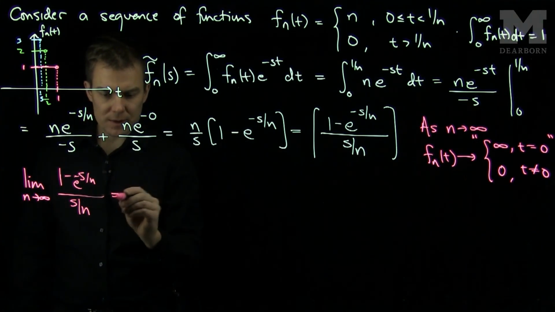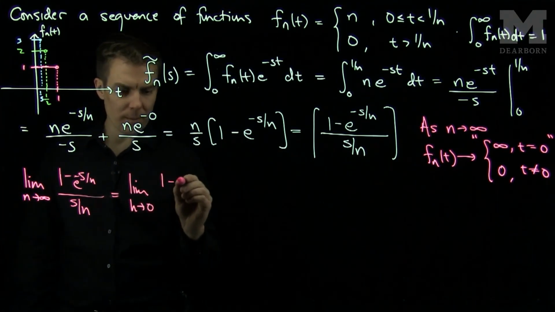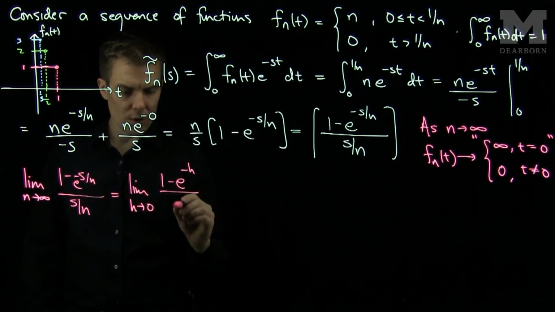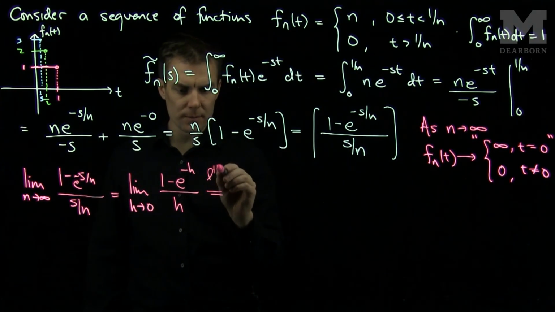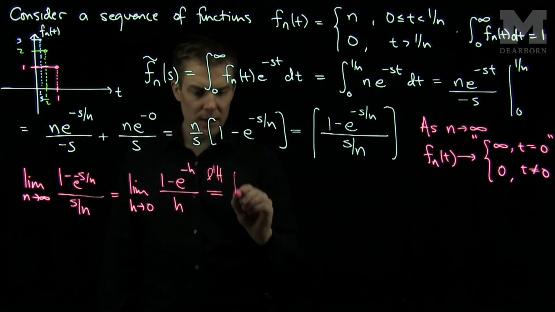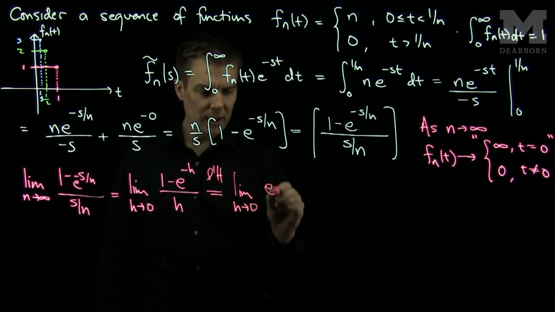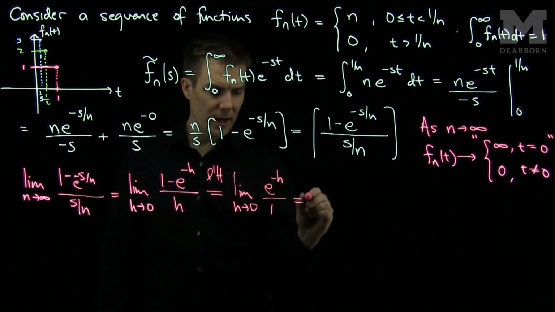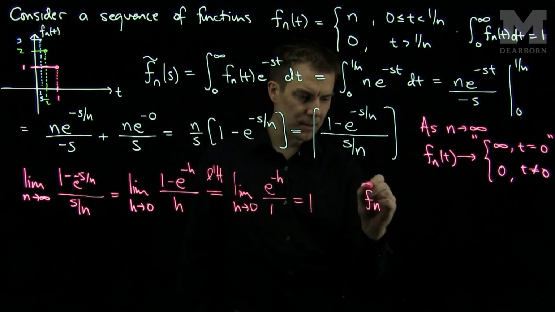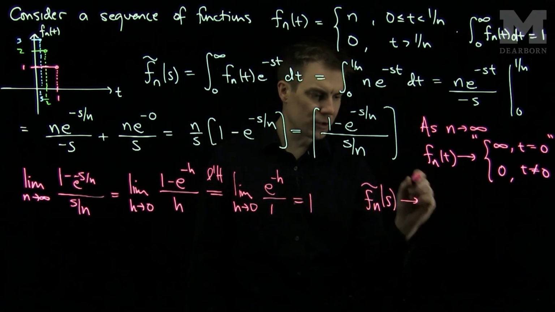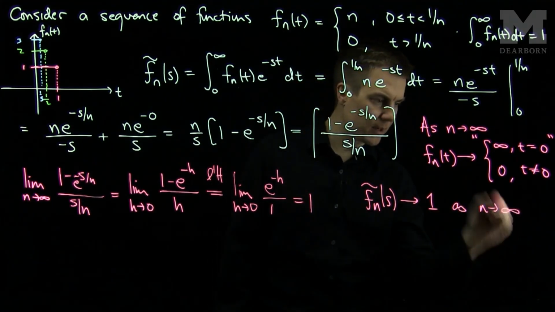So we can see that this is the same as the limit as h approaches 0 of 1 minus e to the negative h over h, which is 0 over 0. So by L'Hopital's rule, this will be the limit as h goes to 0 of e to the negative h over 1, and it's equal to 1. So we have that fn tilde of s converges to 1 as n approaches infinity.